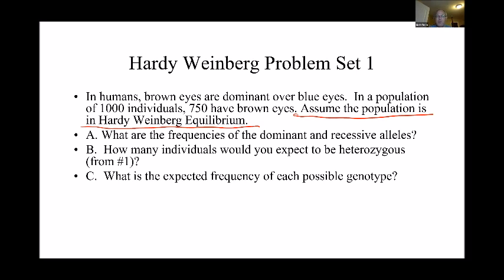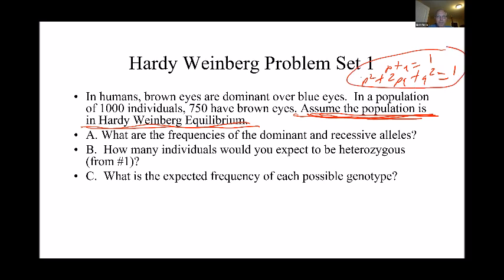Those equations, P plus Q equals 1, and P squared plus 2PQ plus Q squared equals 1, can only be used if the population is in Hardy-Weinberg equilibrium. If it doesn't say this, there's another way we're going to work the problems. But since this prompt says population is in Hardy-Weinberg equilibrium, we're going to use these 2 equations.